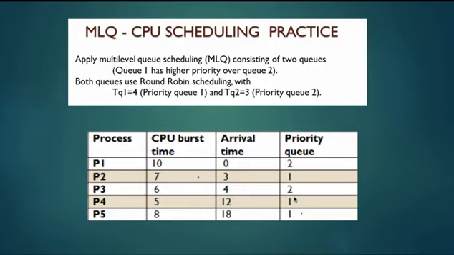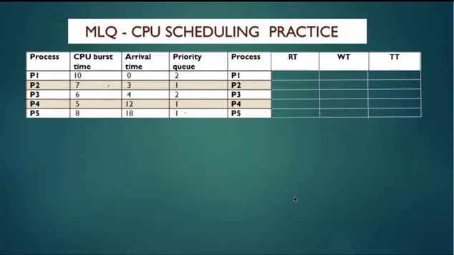In this case, we have 5 processes, which are Q1 and Q2, and Q1 has round robin with a time quantum of 4, and Q2 has a round robin with a time quantum of 3. So let's get started.